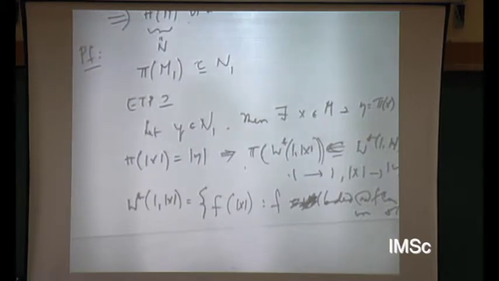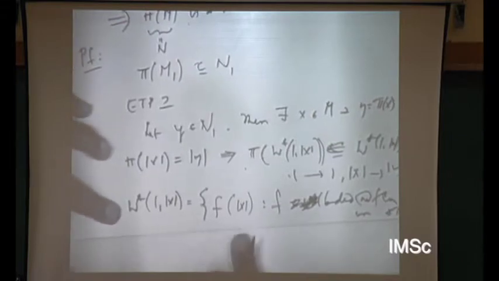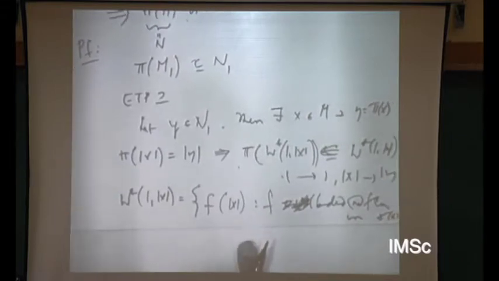You don't have to say L infinity, since anything in L infinity is equal almost everywhere to a bounded function. So f of |x| is the same as a bounded function of |x|. So this is really just the set of all bounded measurable functions of |x|.